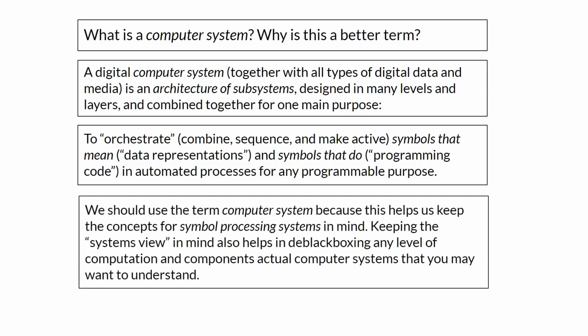We should use the term computer system because this helps us keep the concepts for symbol processing systems in mind. Keeping the systems view in mind also helps us in de-black-boxing any level of computation and components in actual computer systems that you may want to understand.